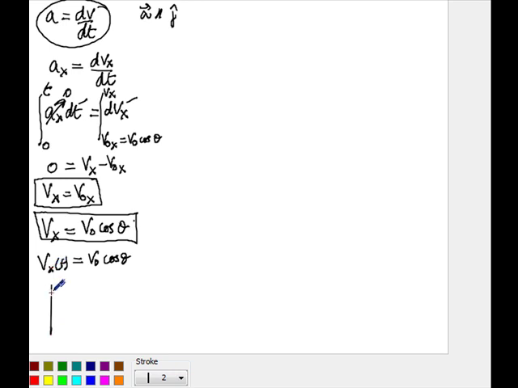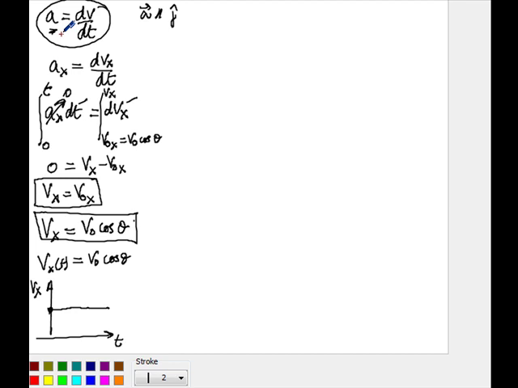So if we want to plot Vx versus time, then whatever V naught cosine theta value is, something positive, it will always stay the same. Which makes sense. If Vx stays the same, then a must be 0, because when a is non-zero, v changes as a function of time. So it's all consistent. So far so good. Pretty useless, but at least it's consistent.